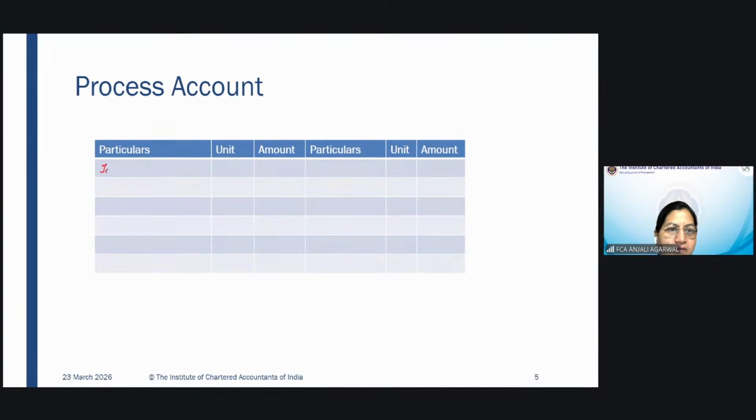So I can write here to material, and within this column, I'll write at the rate of 5 rupee per unit. Your units can also be in kgs, if it is 5 rupee per kg. And similarly, when I'm moving to the next process, process 2, this will also be calculated here at the rate of 12 rupee per kg or per unit. So this is the format of how you prepare the process accounts.